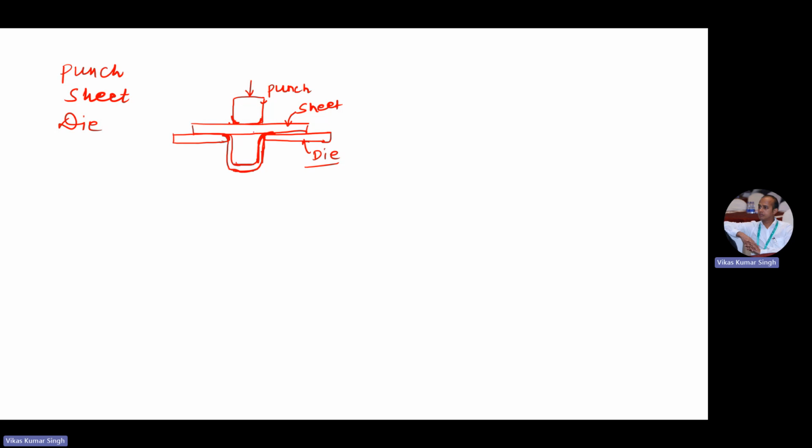In this process, if we take the side view, the cross section of this, I'm drawing one more figure here for your convenience.